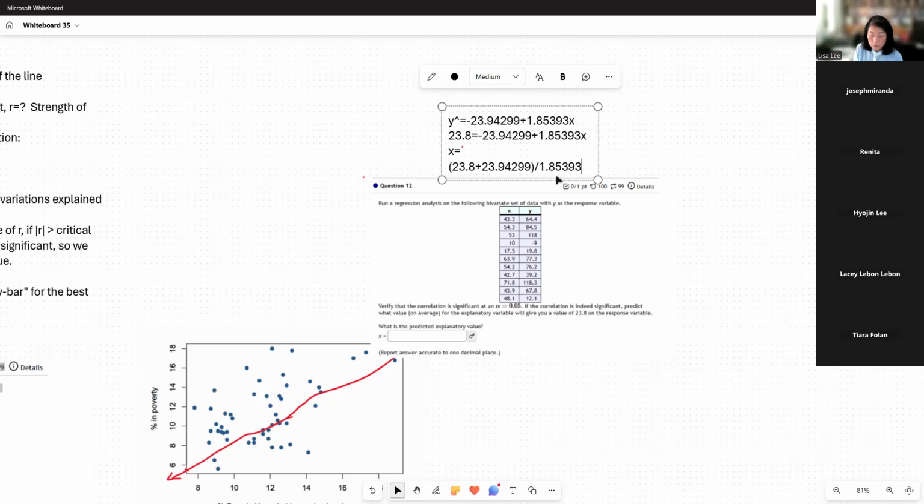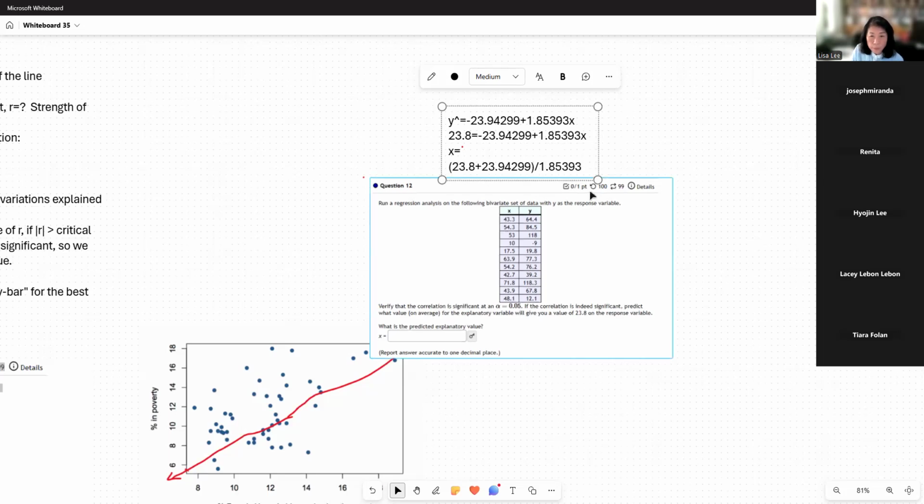So let me finish this one to see what the answer is. 23.8 plus 23.94299, then divide by 1.85393, then hit enter.